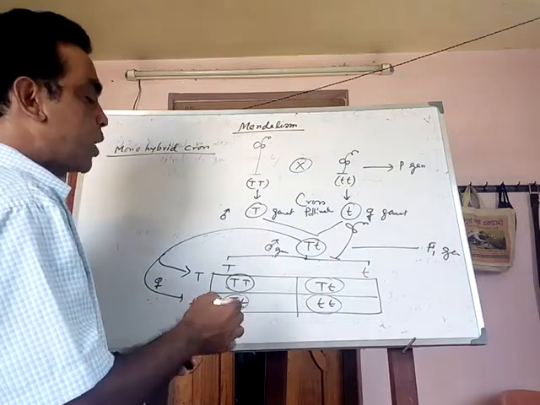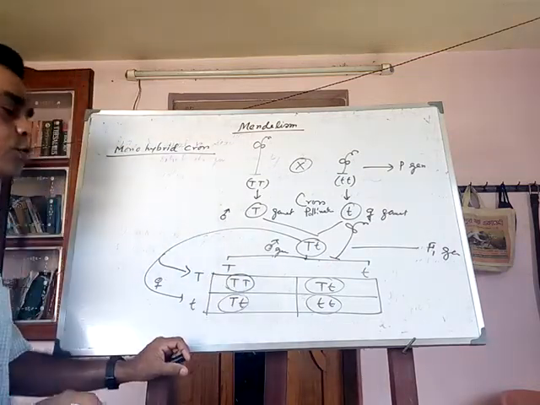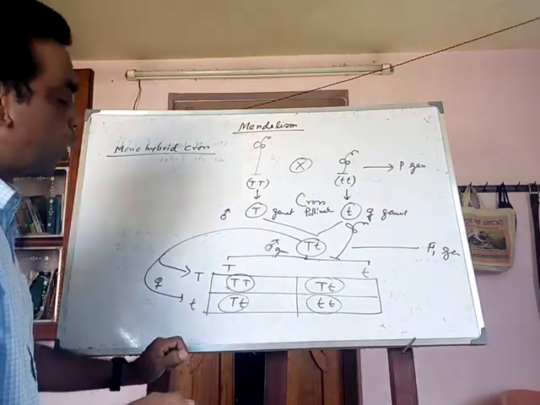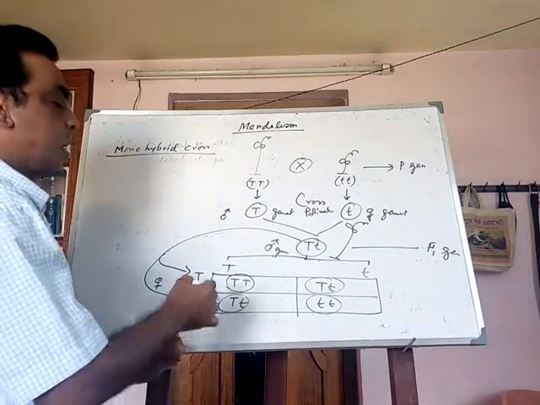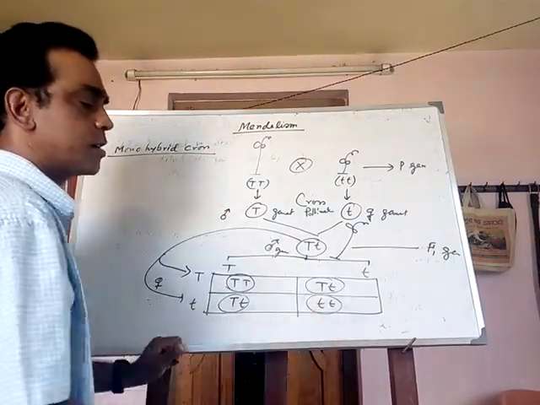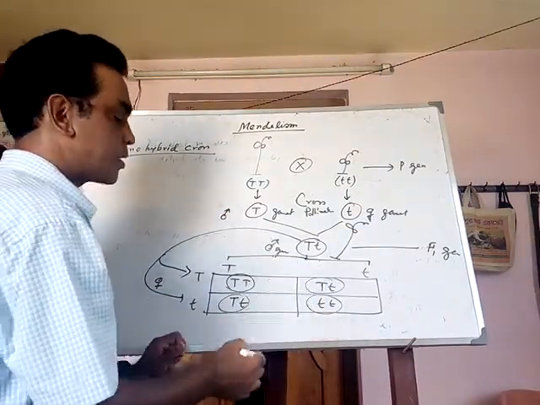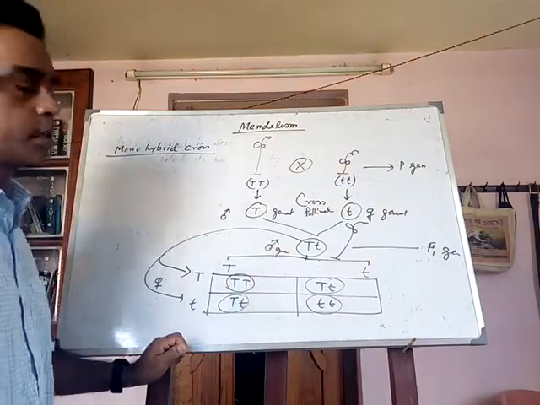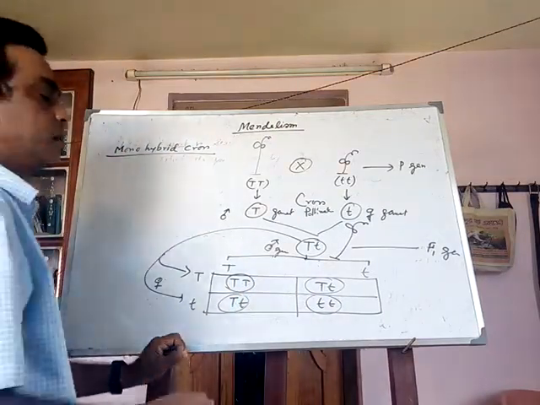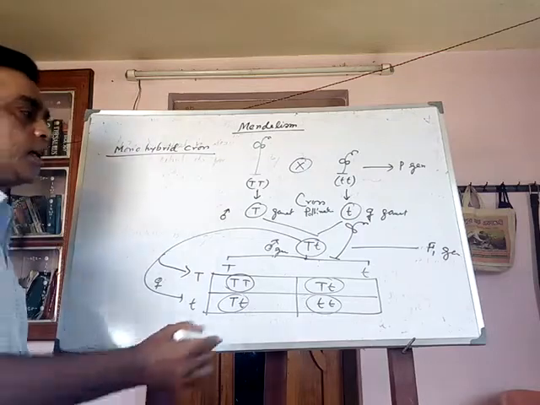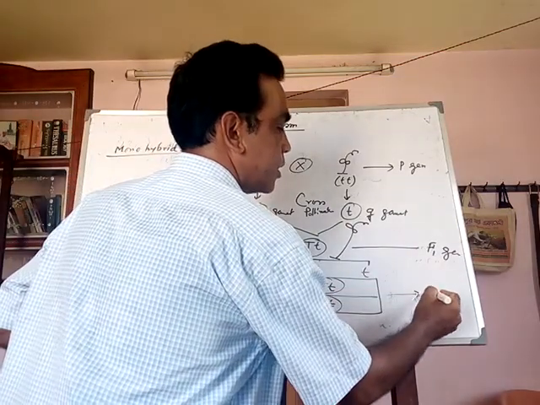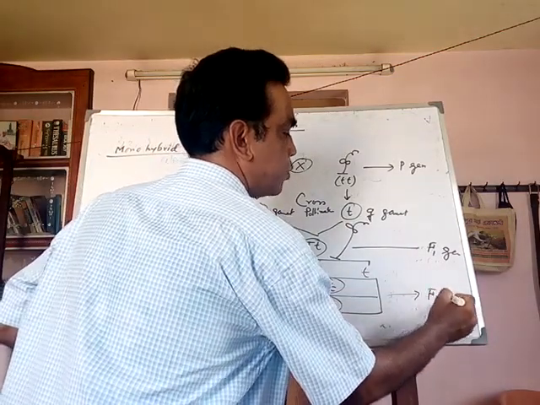So 25% of pea plants produce pure tall features, 25% produce pure dwarf features, and 50% produce hybrid features. It is the second filial or F2 generation.